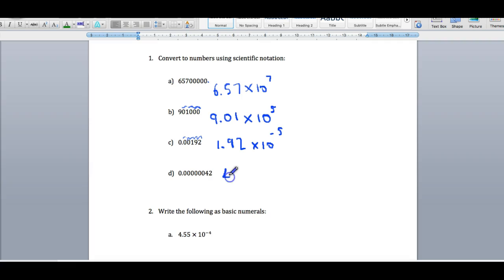All right, this one here, 4.2 times 10. Okay, what do we got? 1, 2, 3, 4, 5, 6, 7 times 10 to the negative 7, because it's a very small number. All right, now let's move to question 2.